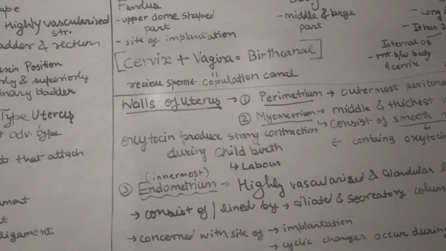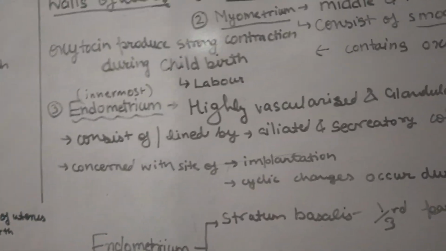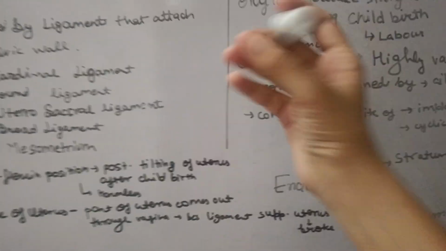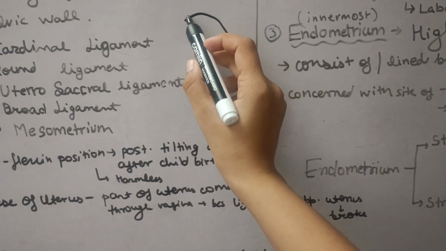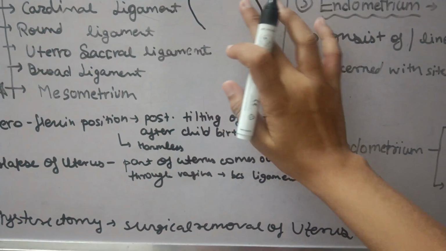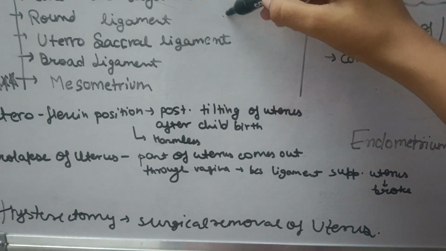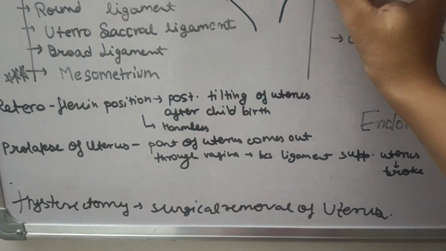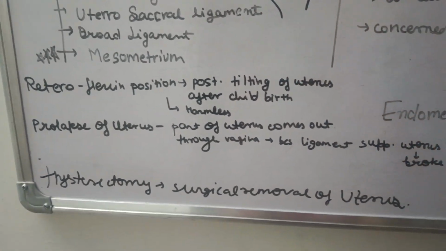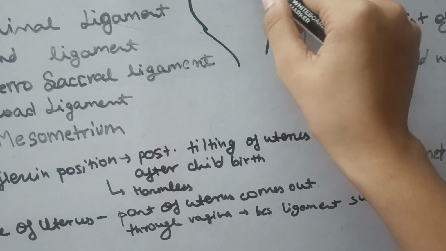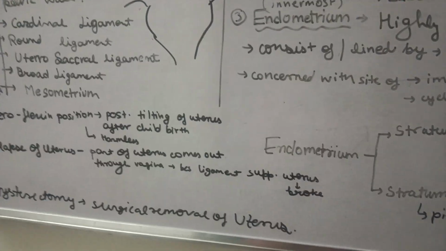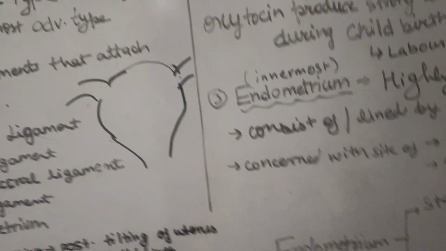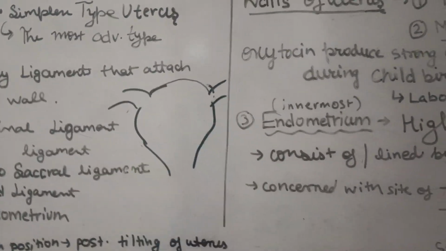Fundus is the upper dome-shaped part. I want to make a diagram of the uterus. The uterus is somewhat like this, and this upper shape is actually a dome.